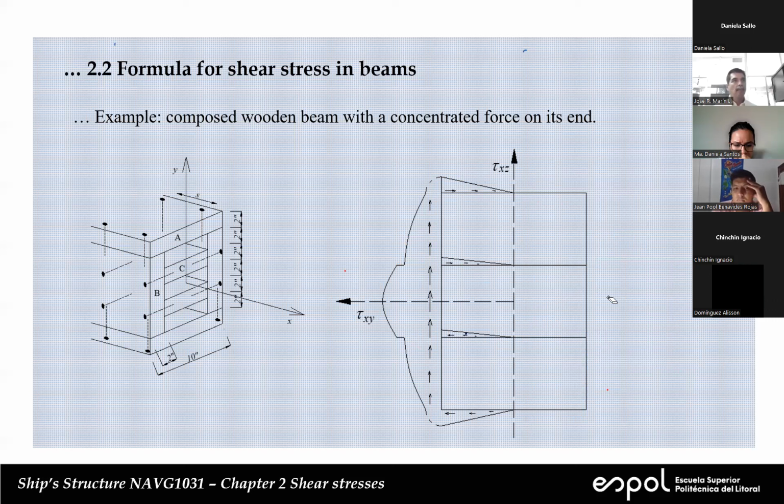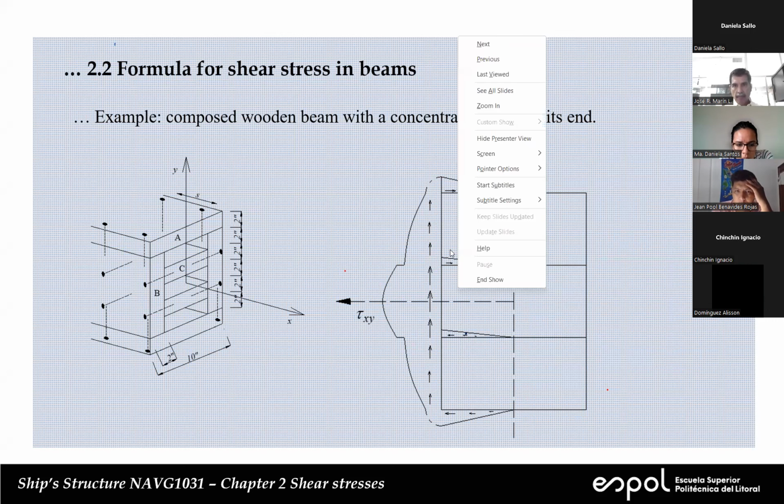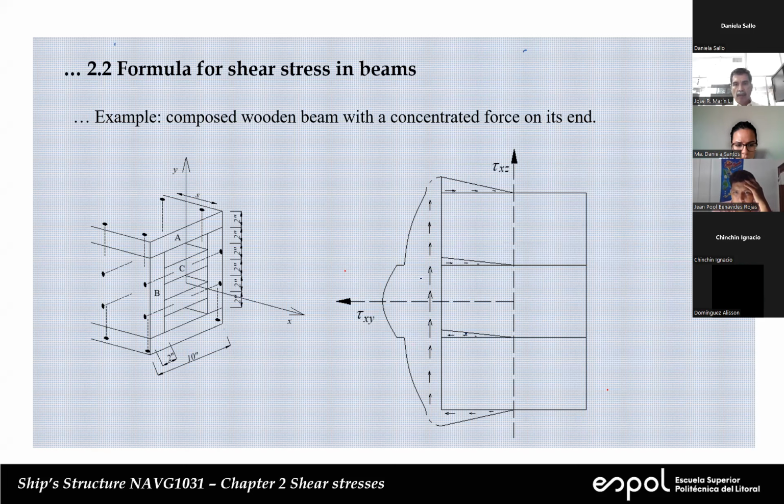in here, this is a sketch of the distribution of shear stress, okay? So in this direction, on the vertical side, in this direction, I have tau xy.